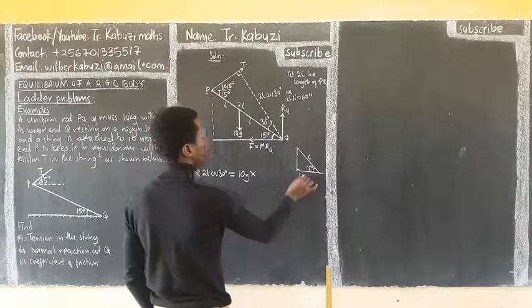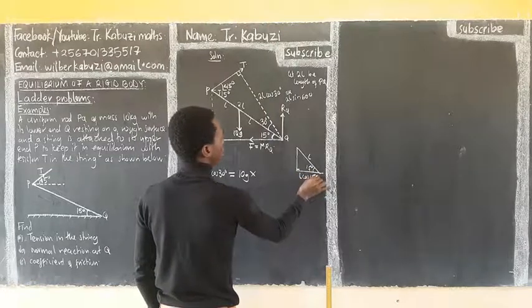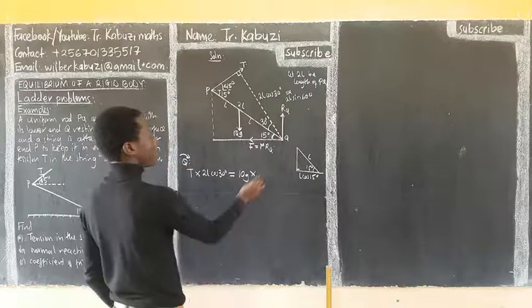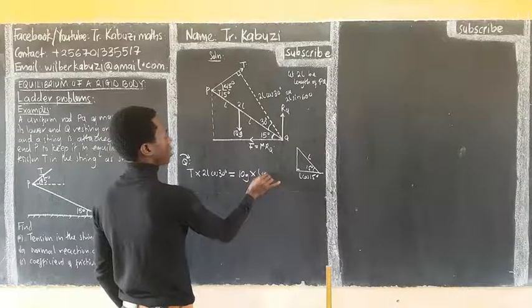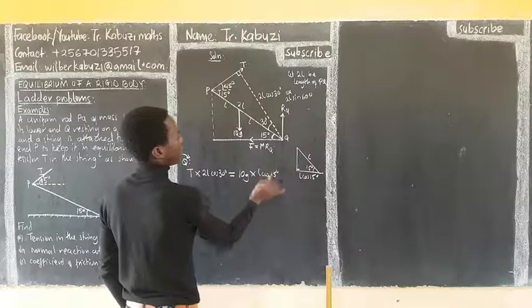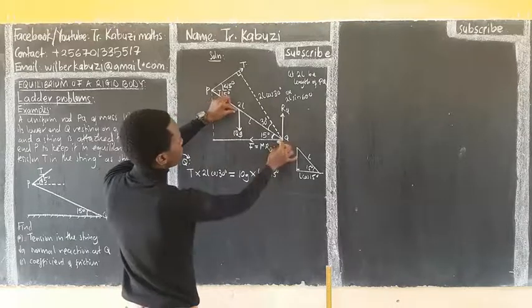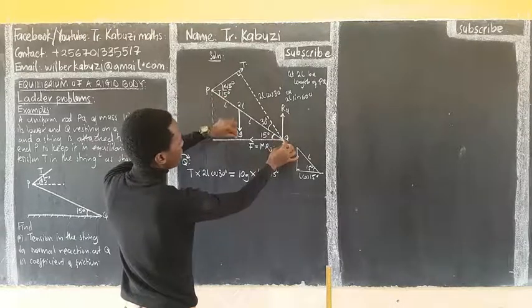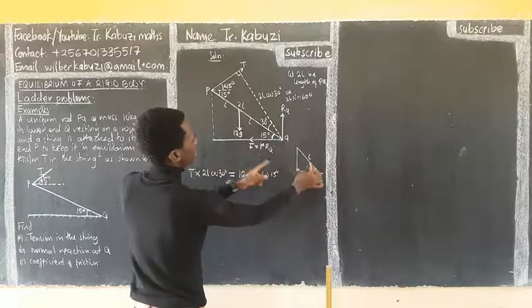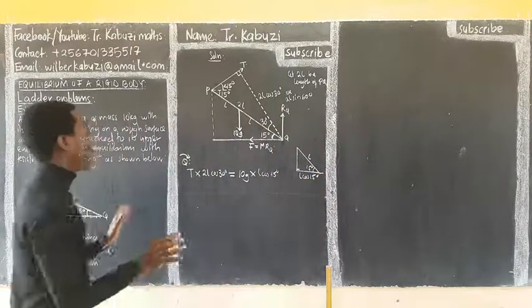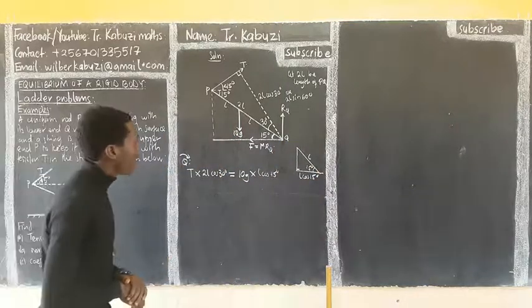So it's going to be L cos 15 degrees if I consider only this triangle here. Then we are almost there.